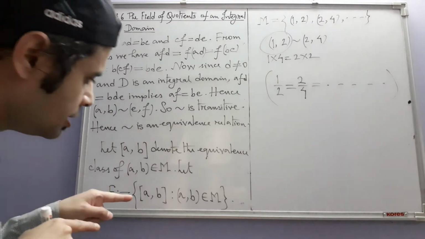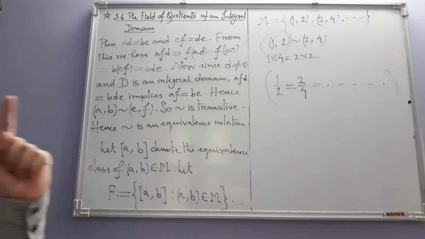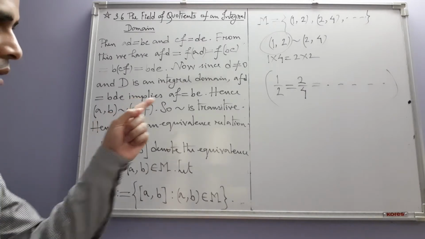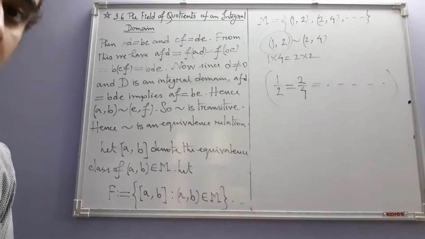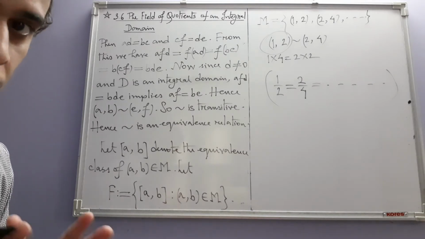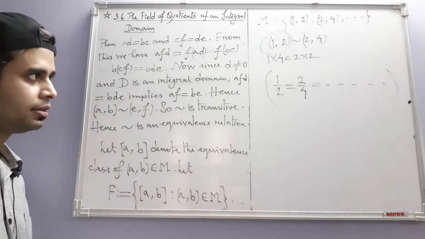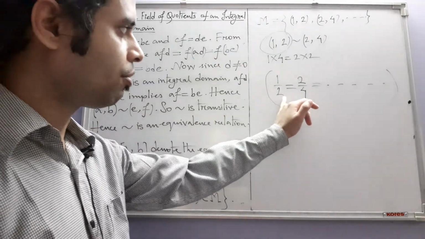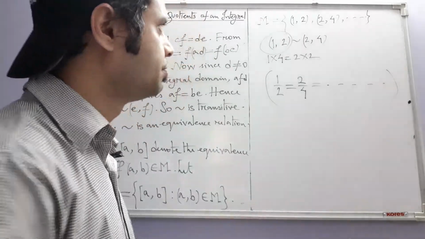So according to this construction, a rational number is not just a symbol which looks like this, but truly speaking it is a set of such symbols, because this equivalence class is a set. In that set, we have all possible representations for the same rational number.